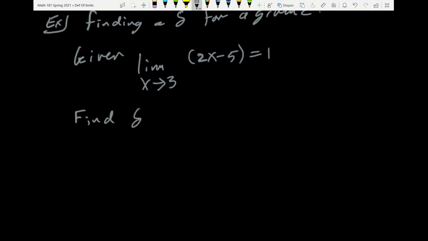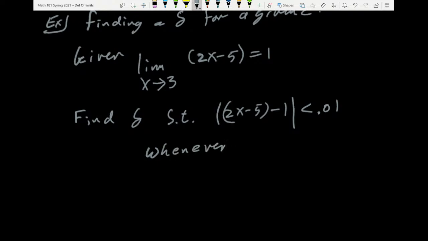Find delta such that the absolute value of 2x minus 5 minus 1 is less than 0.01 whenever the absolute value of x minus c is less than delta. The given part is this right over here. That's your epsilon.